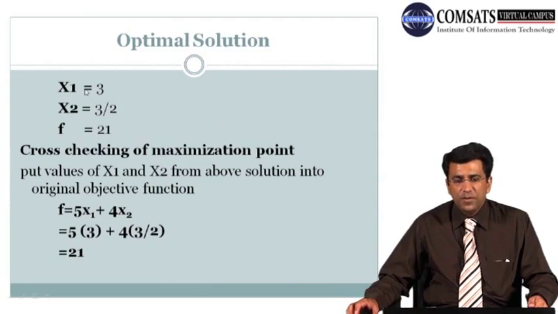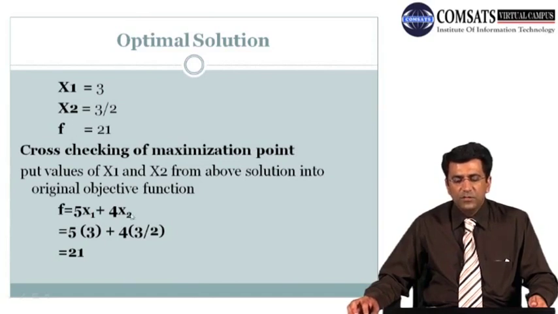From this optimum table, as I told you, the values of our variables x1 and x2, which are actually our decision variables, are equal to 3 and 3/2 respectively. Now what we will do is put both these values in our objective function.